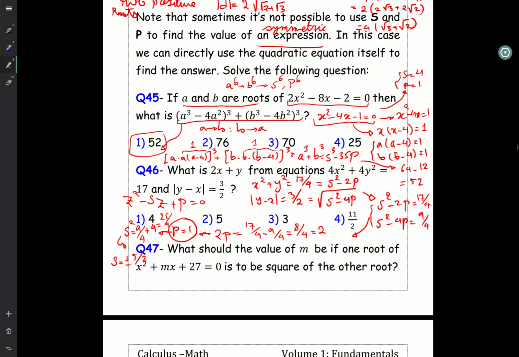But then what we can say here is that we are looking for 2x plus y, right? And we already solved for s and p. We know the sum of the two and the product of the two.